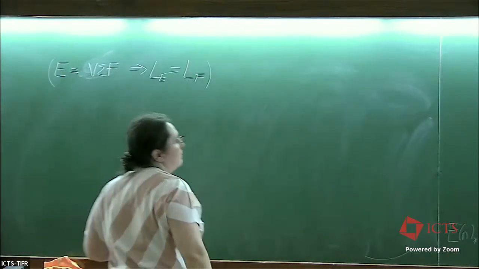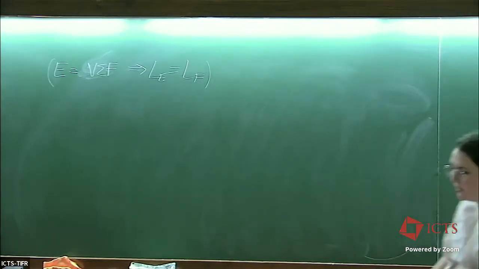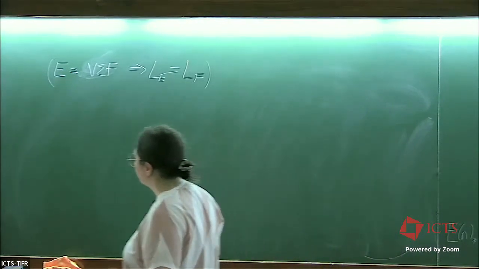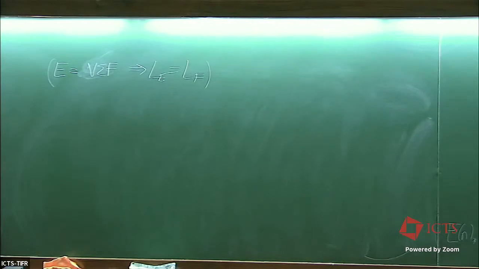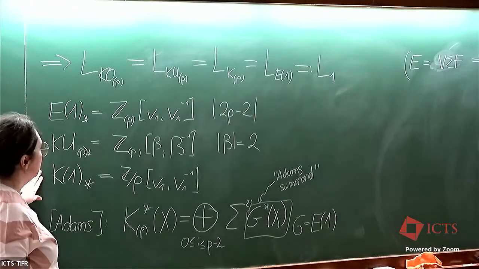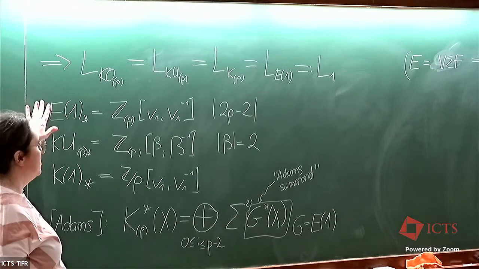But, well, what about this arrow? Let's not forget that one. What about K1? Well, if you look at K1, well, what is true without this, we can see that that one is just this one mod P. I can do the same on the spectra.